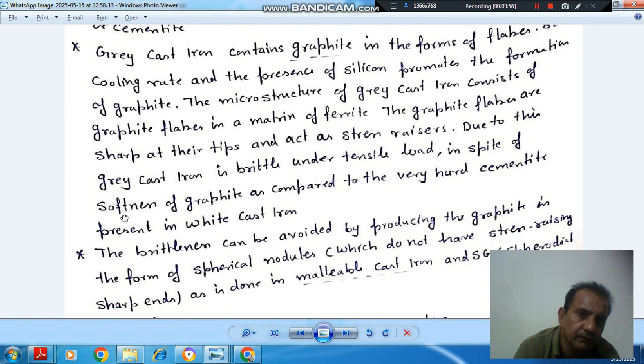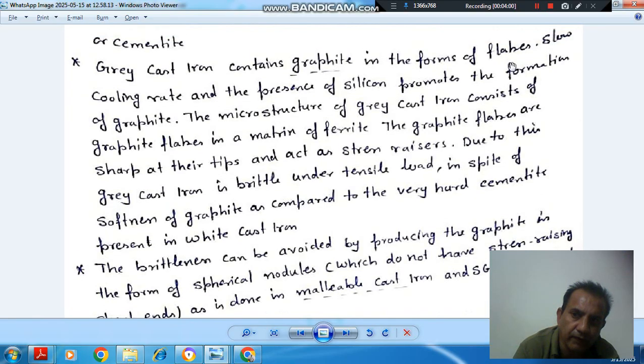Next point. Grey cast iron contains graphite in the form of flakes. Slow cooling rate and presence of silicon promotes formation of graphite. So graphite is formed due to presence of silicon in cast iron and slow cooling. The microstructure of grey cast iron consists of graphite flakes in a matrix of ferrite.